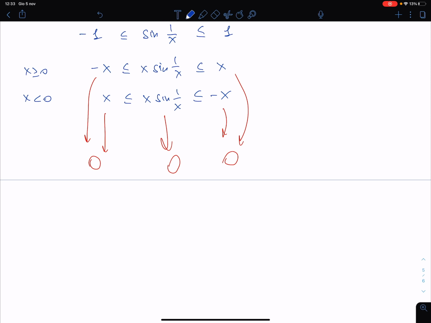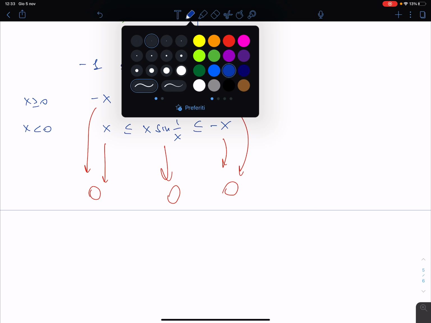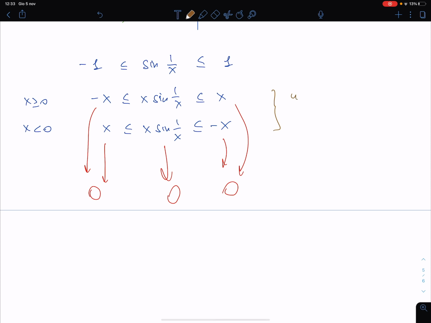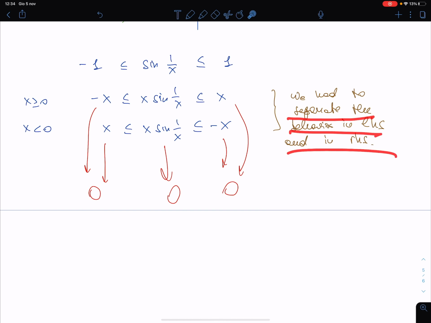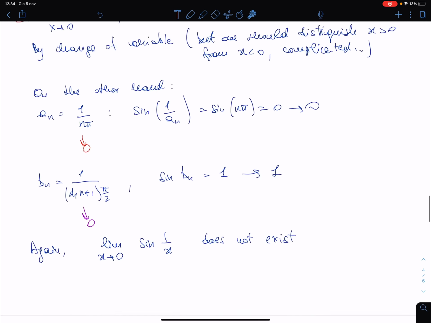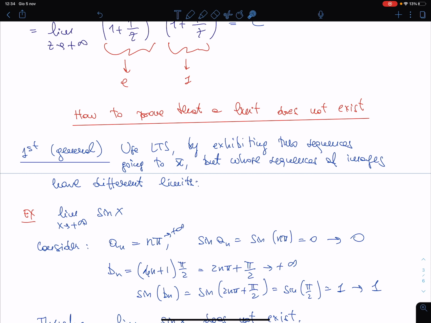And so, notice that here we had to separate the behavior in the left hand side and in the right hand side case. Good. And so in the next lecture we will make this procedure rigorous, separate what happens at the left and what happens at the right. Okay, let us go for the next video.